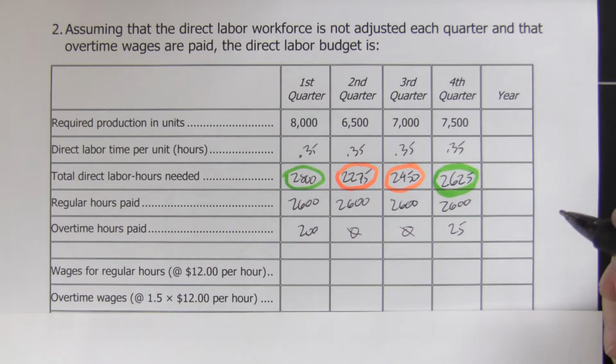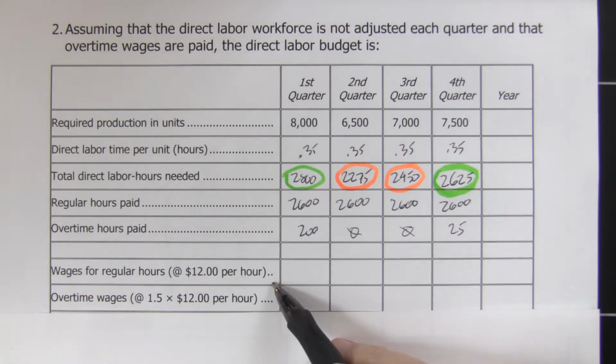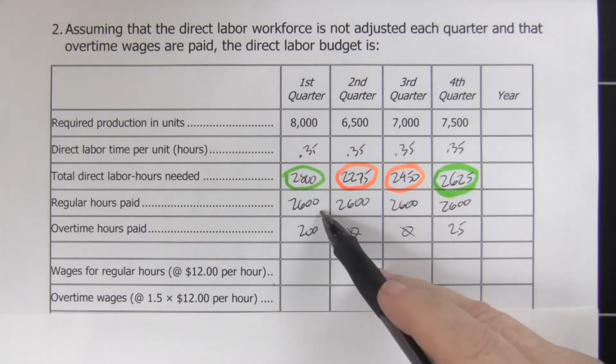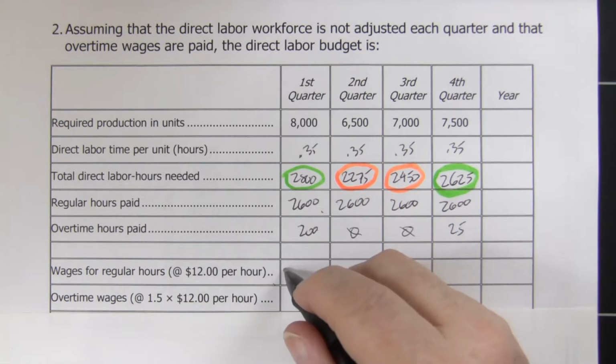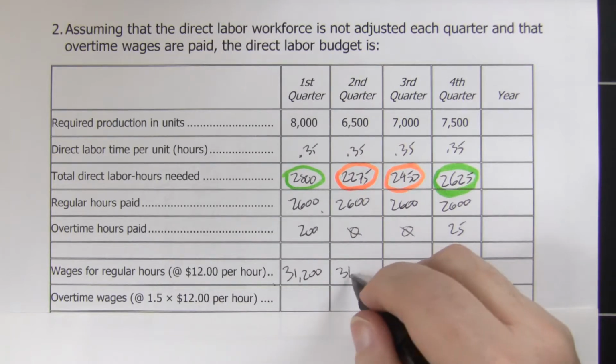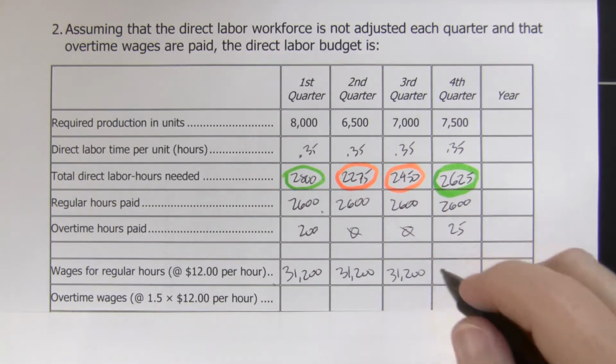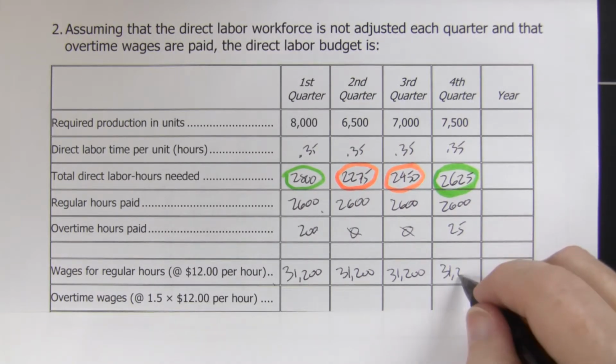So, first we're going to do the regular wages. $12 an hour times 2,600. So that's $31,200. This is a salaried workforce.